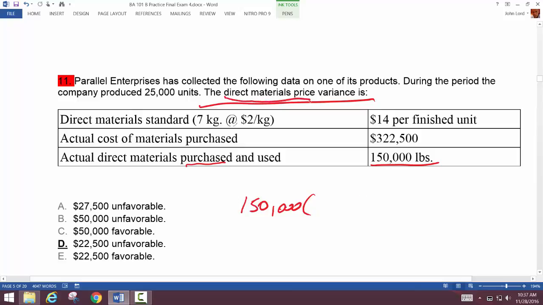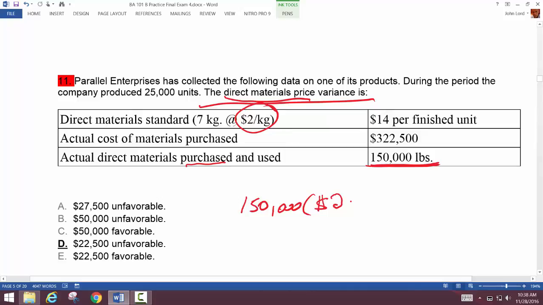I'm doing materials price. I do that based on the materials I use, right? So I used 150,000 pounds of material. So how much did I pay per? I paid $2 per. Okay, so I have to take that $2.